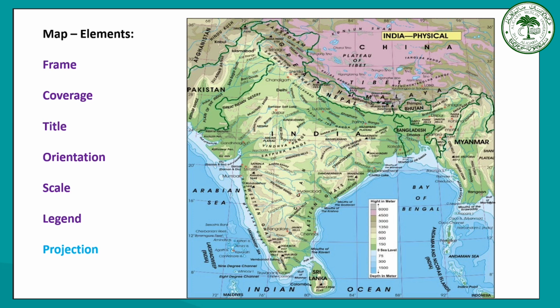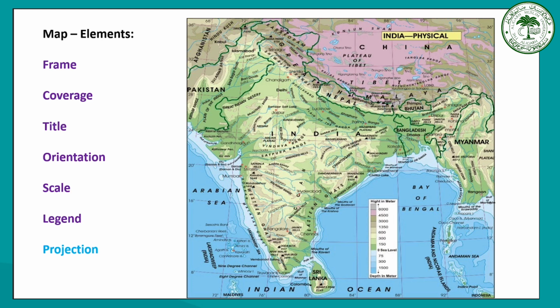The next can be the legend, which helps us in reading the spatial information which is being represented in any specific map. And lastly, I would say the projection. Now, projection is very important and critical for preparing any map, and it makes the distinction between a sketch and a map, because scale and projection are integral to the preparation of any map.